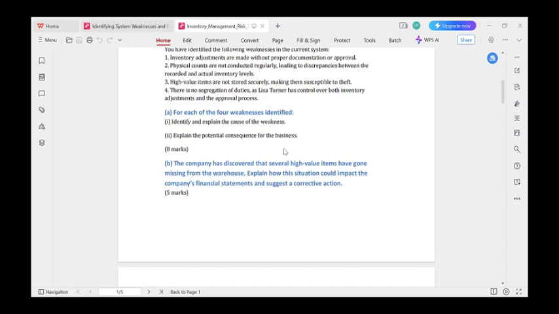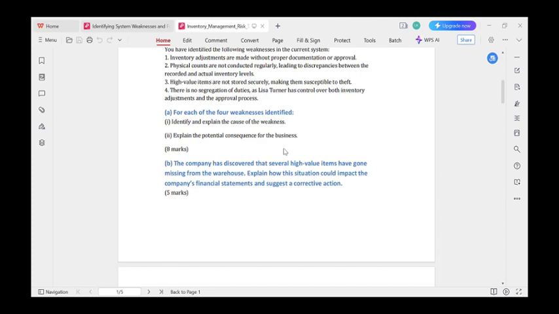Okay, so what you are going to write, you're going to say that these discrepancies between recorded and the actual stock would lead to inaccurate financial reporting, where we would be misstating the inventory assets in our financial statements, particularly the statement of financial position.